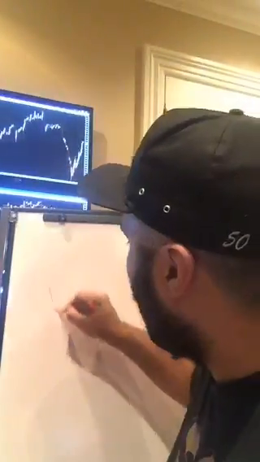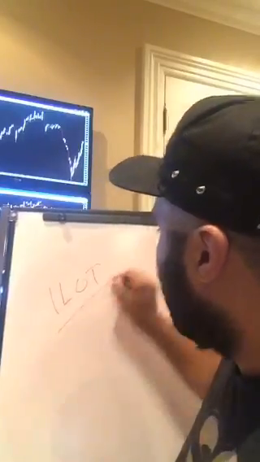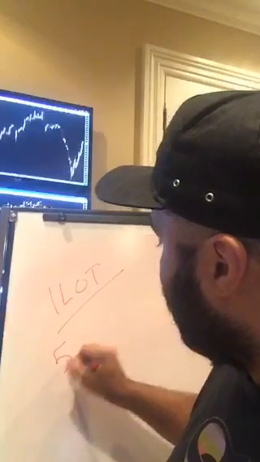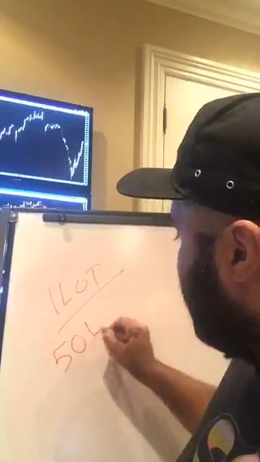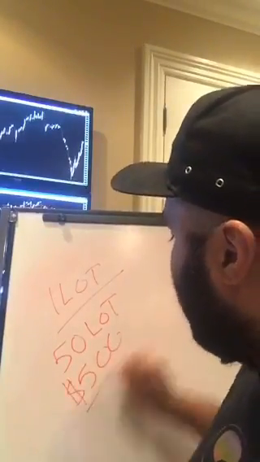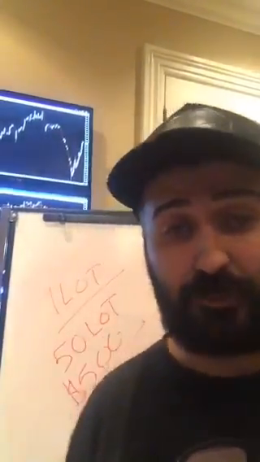You see, when a broker is a market maker, they're taking the risk on the order. If you're opening up 1 lot trades, you're only making or losing $10 per pip. They'll take the risk on that. But if you're opening up 50 lot trades and making or losing $500 a pip, do you think they're going to take the risk on that?